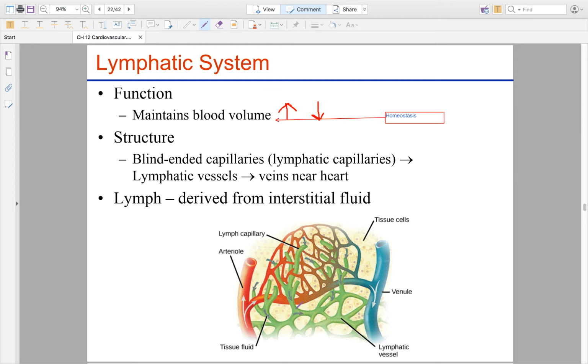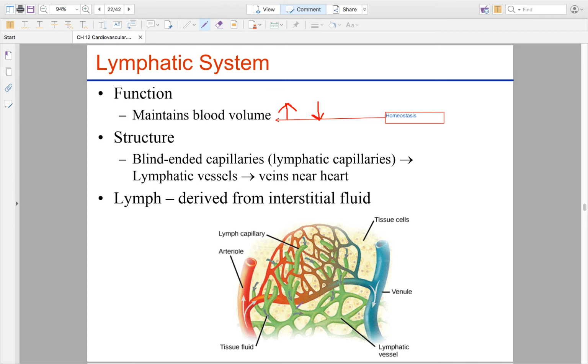So they actually span the entire body, and their job is to, if there's too much water in the capillary network, they will absorb it. If there's not enough, they will return or put water or fluid into the blood.